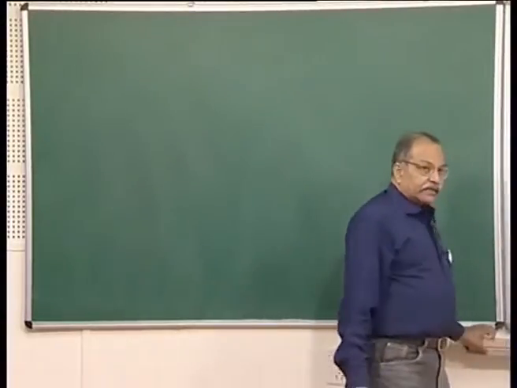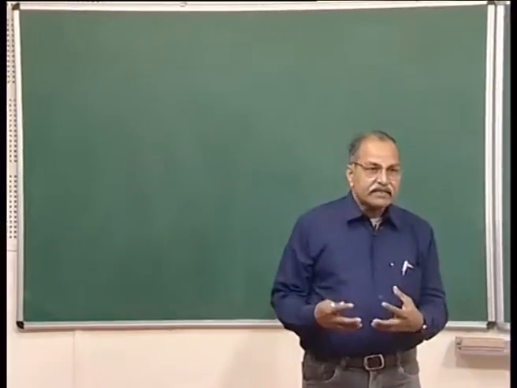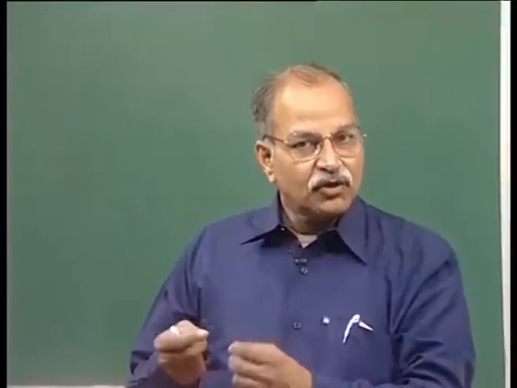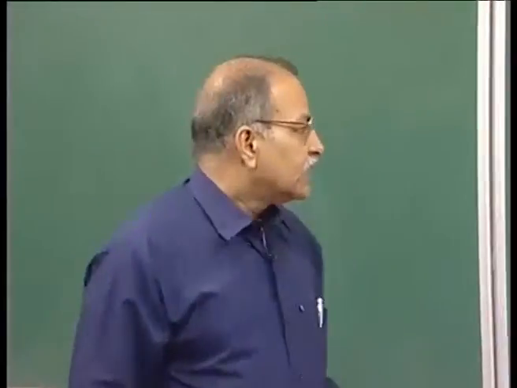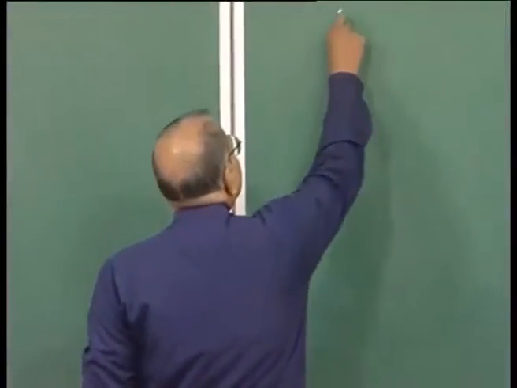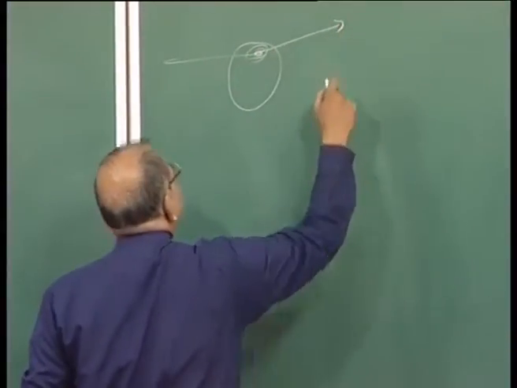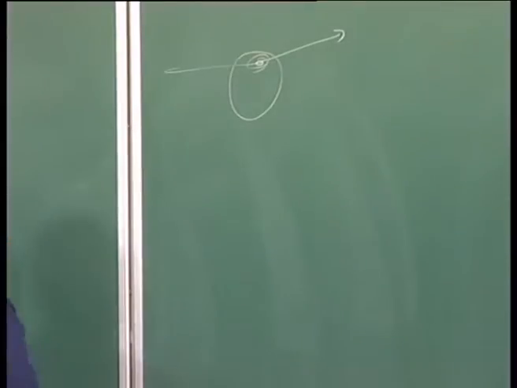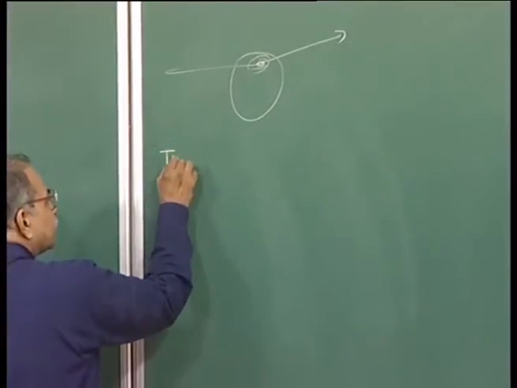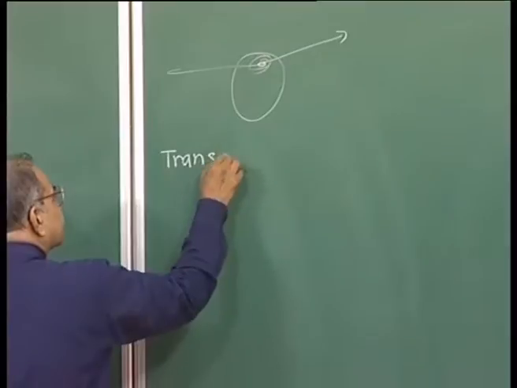Okay. Direct reactions can be of different types. In direct reactions, this incident particle interacts with a small number of surface nucleons, so it comes here and then makes the interaction here, and then something goes here. Now, one important variety is called transfer reaction.